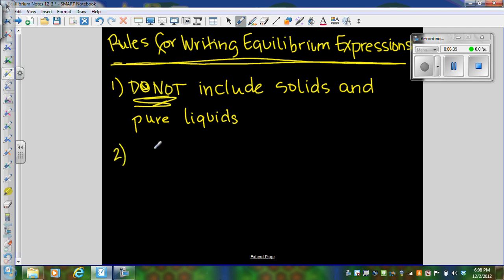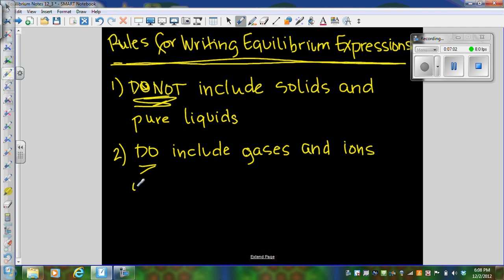The second rule is that we do include gases because they will have a pressure and they can have a concentration. And we also include ions or anything that's in aqueous solution.